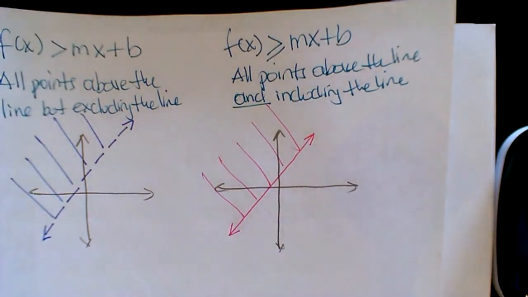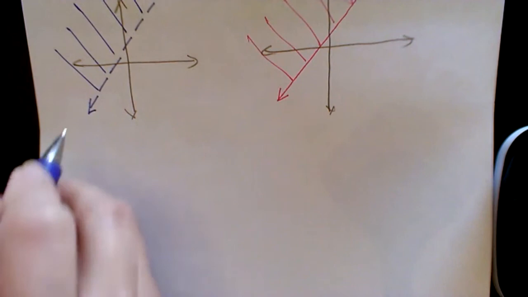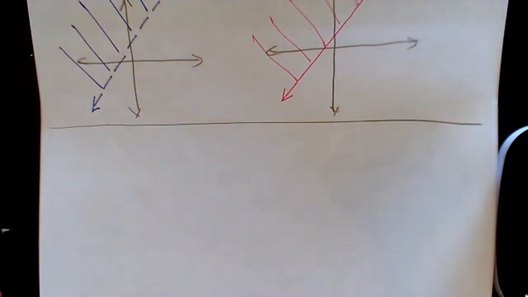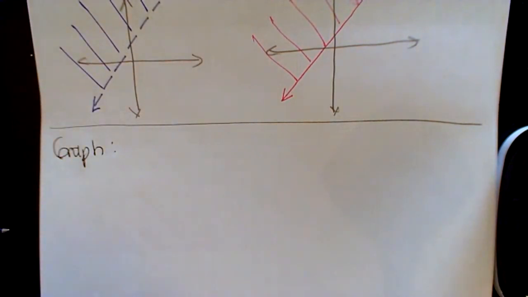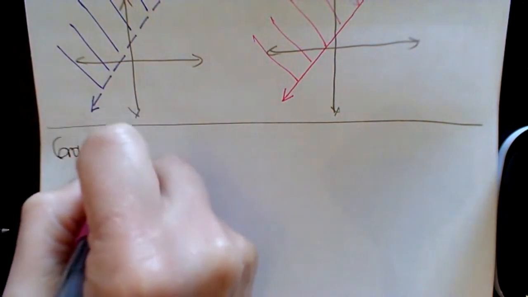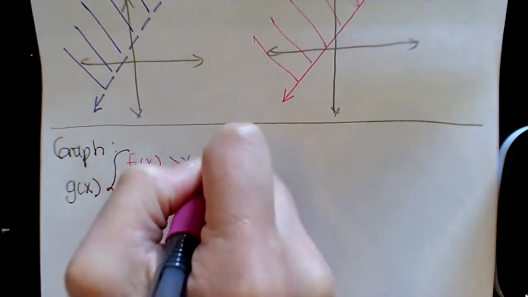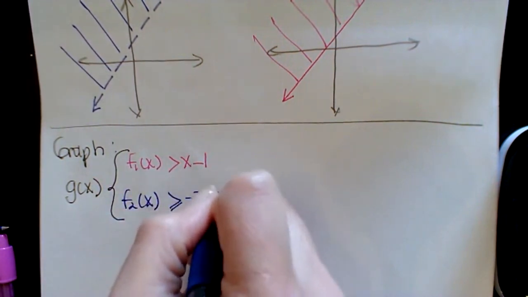And let's do an example. So I have this one that says we need to graph, and it's giving us this one and this one: greater or equal to negative 2x plus 2.